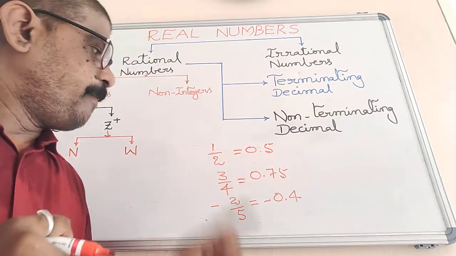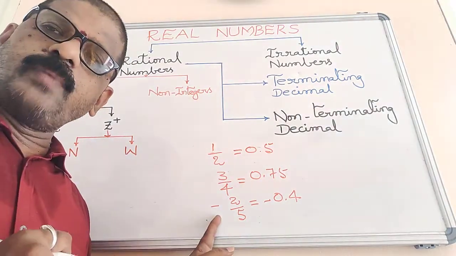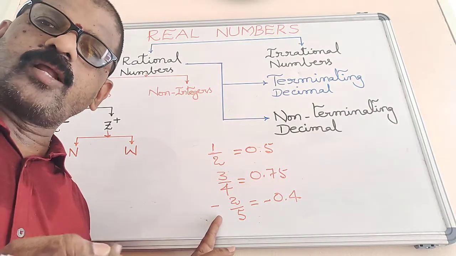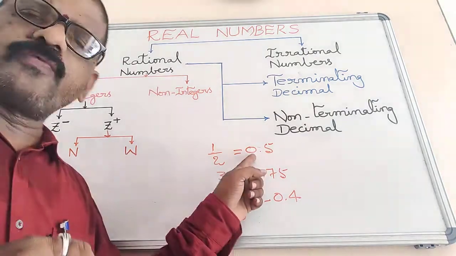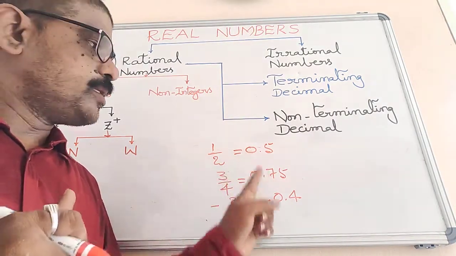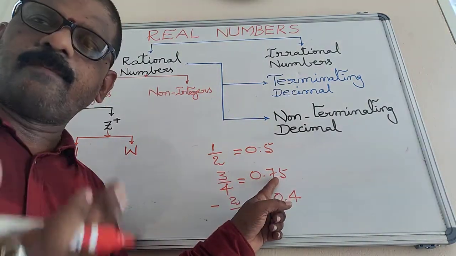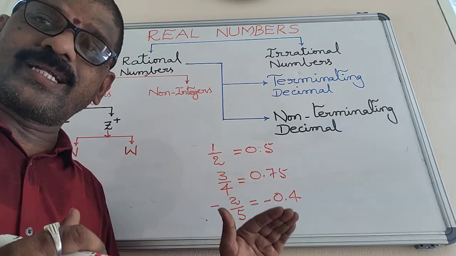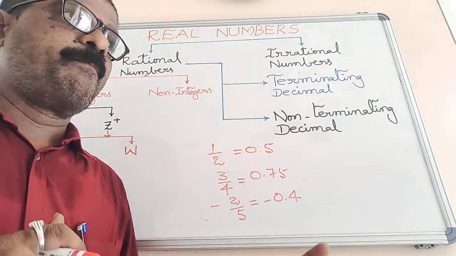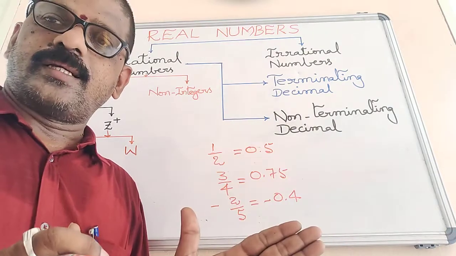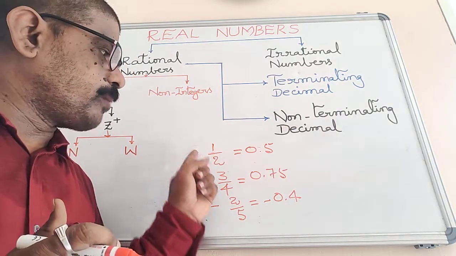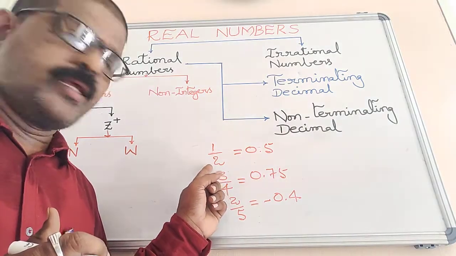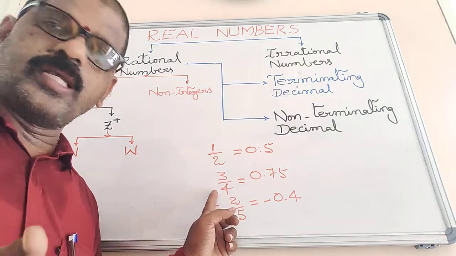Why? Because these cannot be represented exactly as an integer on a number line. Clear? 0.5 we can represent on a number line, so 0.75 is denoted on a number line, but we cannot write them exactly as an integer. Clear? So that means 1 by 2 is a non-integer. 3 by 4 is a non-integer.